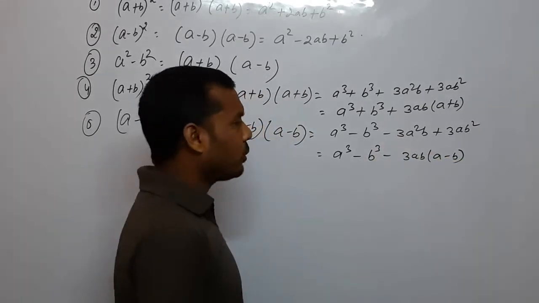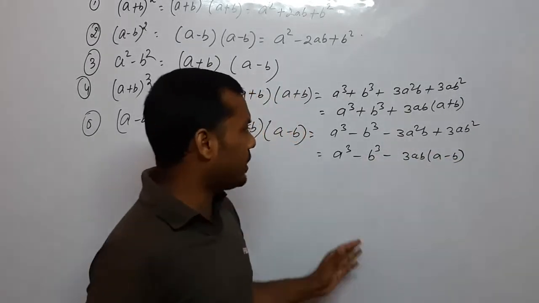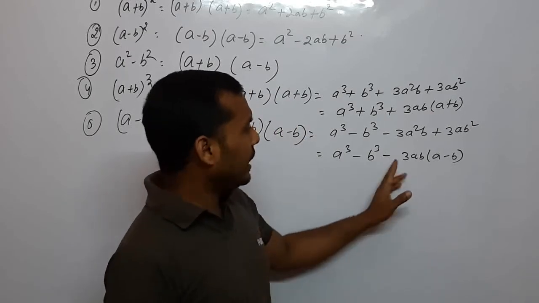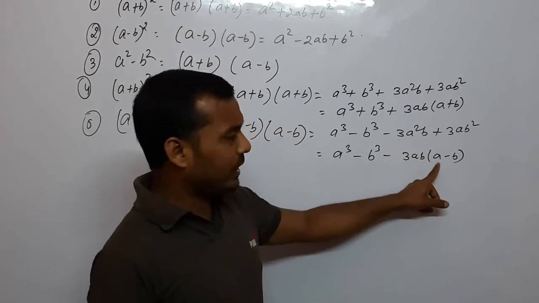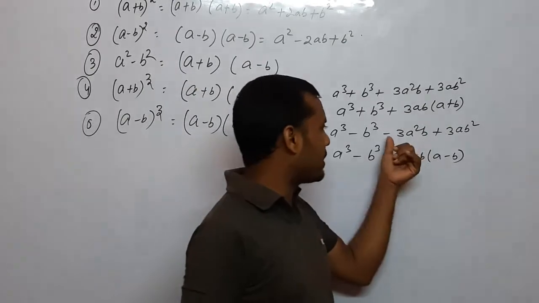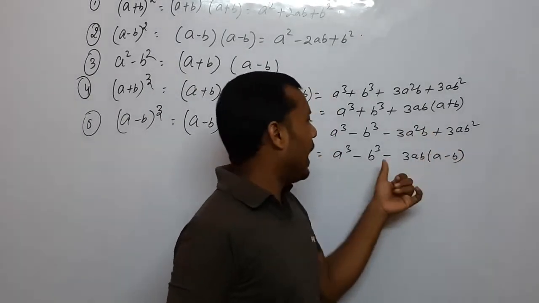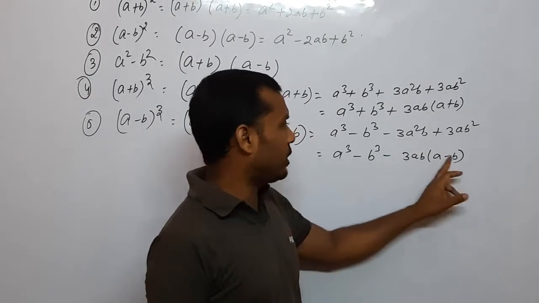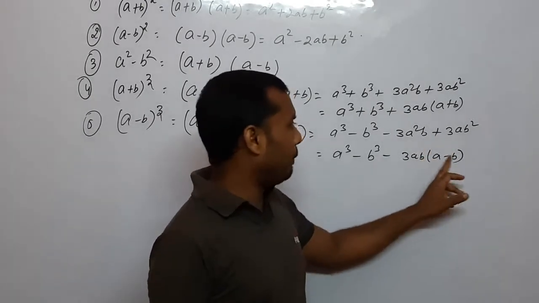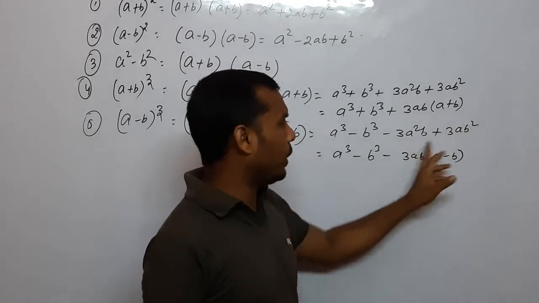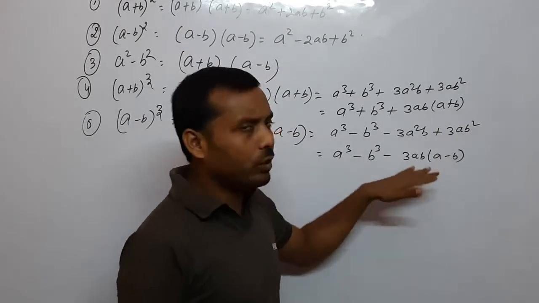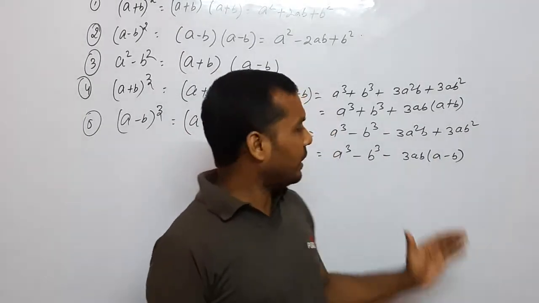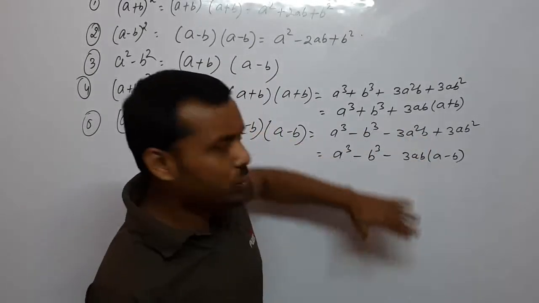Both are the same formula. See here, minus 3ab when multiplied with a will result in minus 3a square b. And when minus 3ab is multiplied with minus b, minus minus becomes positive, and bb becomes b square, so it will be plus 3ab square. Both formulas are the same, but can be represented in these two ways.